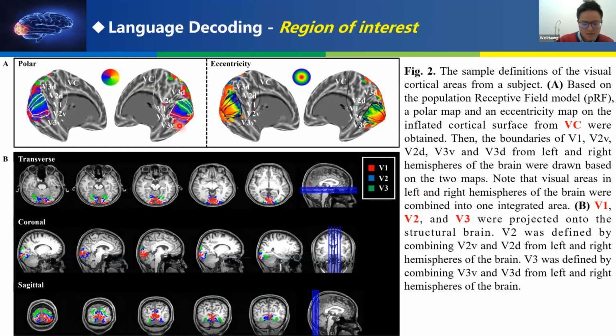Based on the results of the first experiment, we managed to get the location of visual areas for each subject. These are V1, V2, V3, and VC.